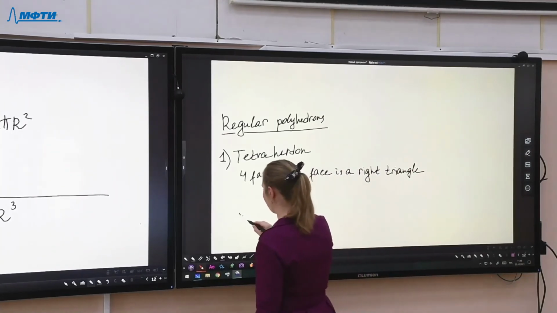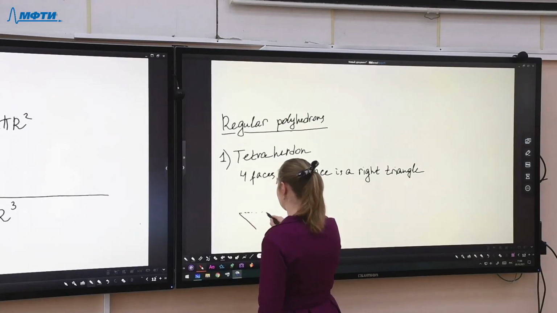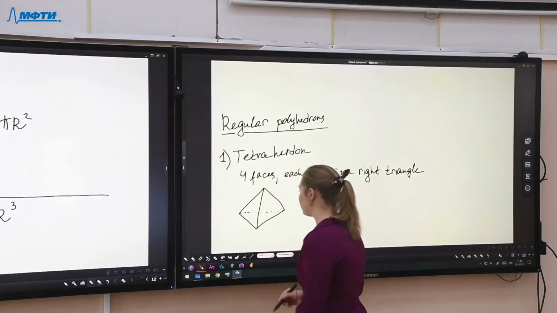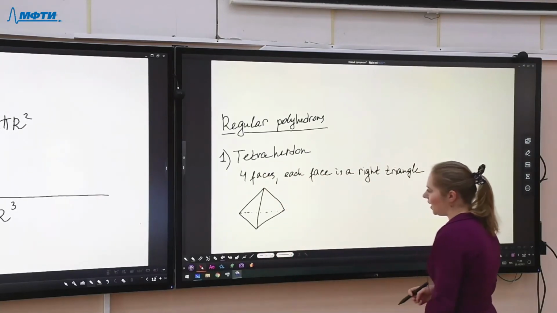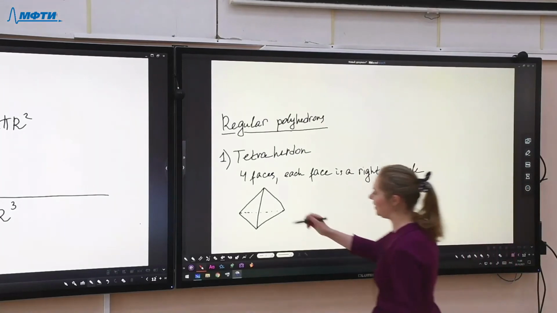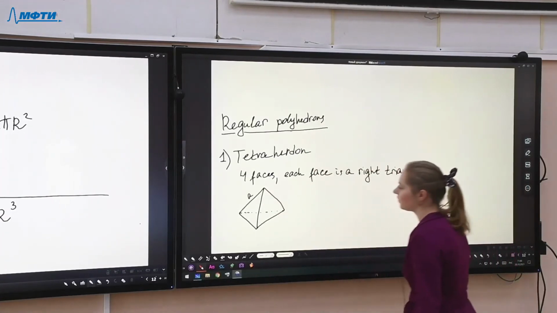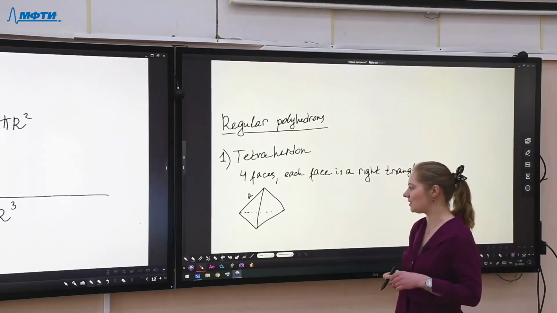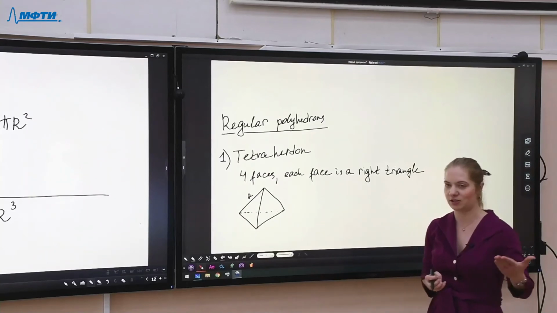It is something like this. So we have, as I said before, 4 faces. Each side is a triangle with a side A. And at each vertex, we have 3 edges.